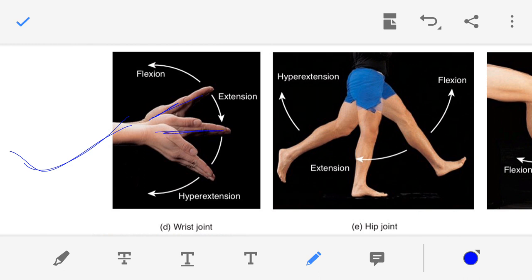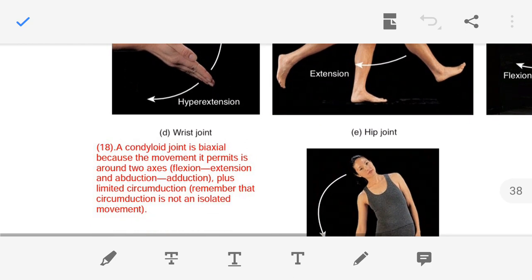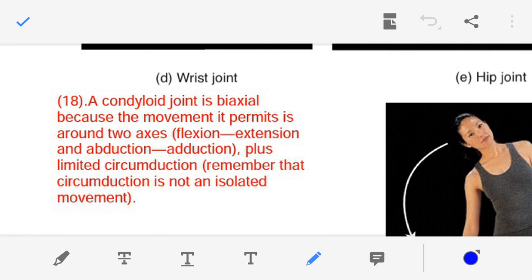If our palm and fingers are straight, then we have extended our palm. Then when we bend it vertically, it is the flexion position, and when we bring our palm down, it is hyperextension. So hyperextension, extension and flexion in the wrist joint are possible. So the wrist joint is an example of the condylar joint.